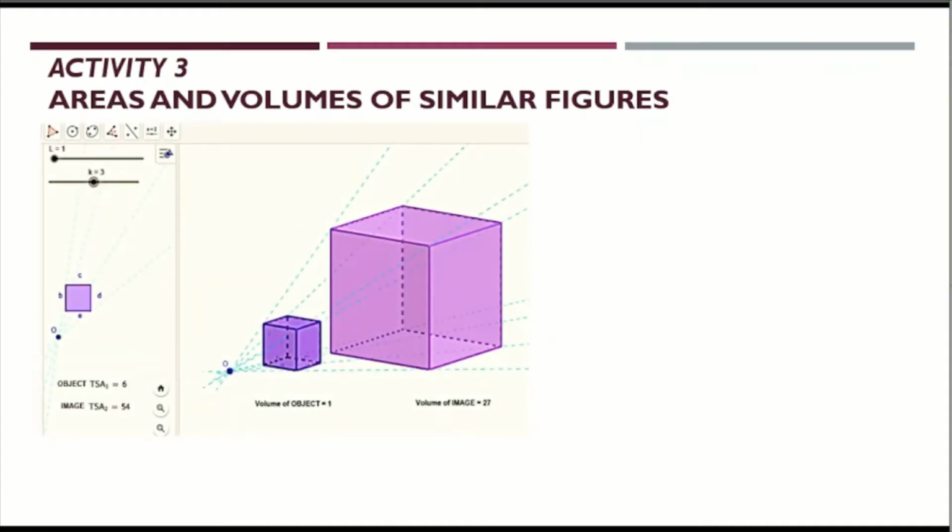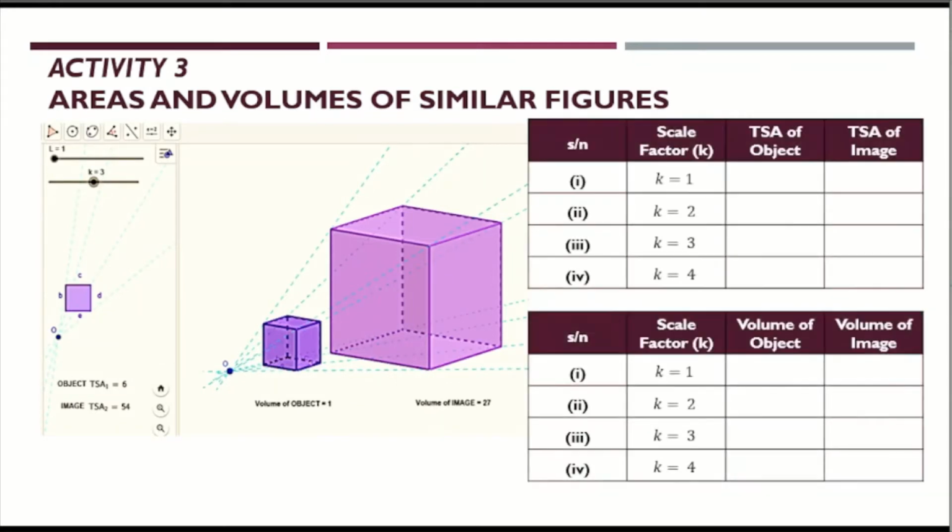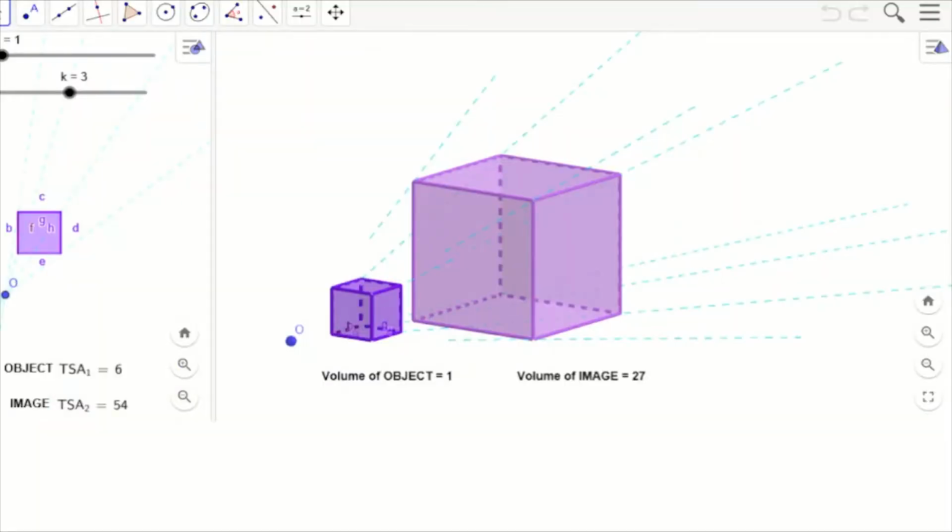So we'll go back to our GeoGebra window and we use this artifact to complete the tables in activity 3. So if you have your GeoGebra window set up, you can open the artifact and perform the activity. Now the artifact looks like this. We have two objects.